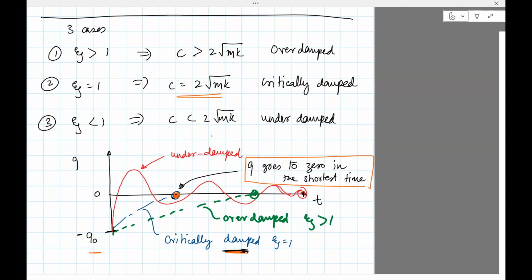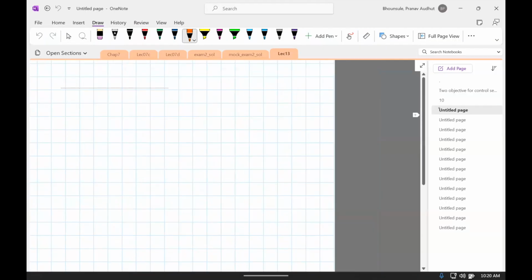But the problem is this: if you have a mechanical system, which I wrote down earlier, mq double dot plus cq dot plus kq equals f, this m and c and k may be different at different frequencies. m may not change, but c and k will change at different frequencies. So the good thing about control is that you can actually design f such that this system is always critically damped, no matter what c and k and m is.